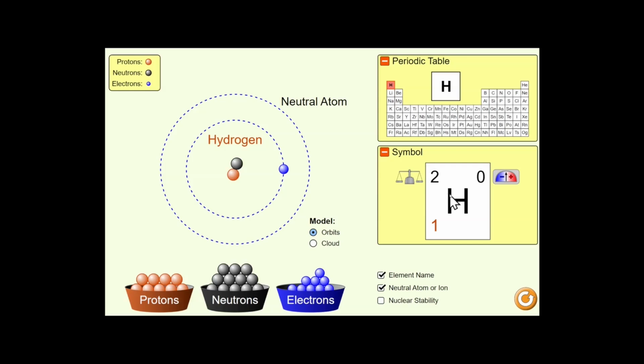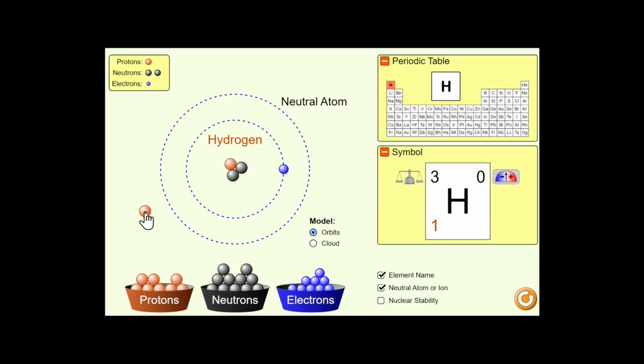So this would be deuterium. This would be, what's it? Protium, I think it's called, just off the top of my head. So this is protium hydrogen. This is an isotope of hydrogen. This is deuterium. This is tritium. This is unstable, so it's going to want to decay. We're going to get to isotopes in a second.